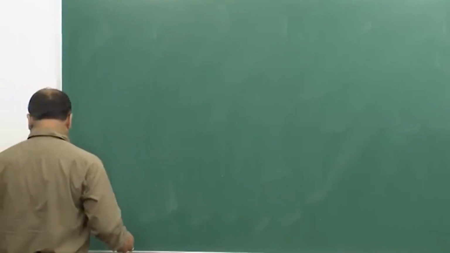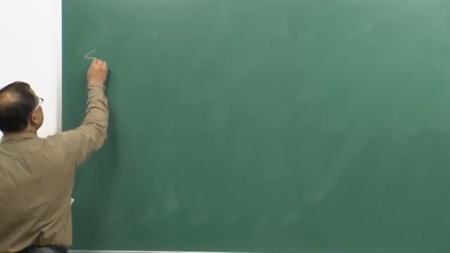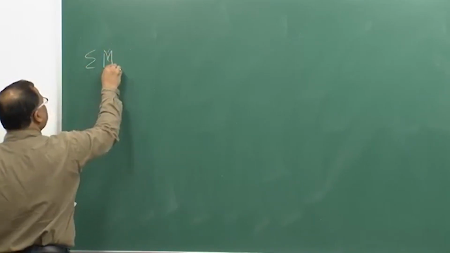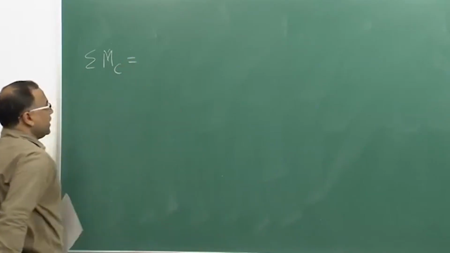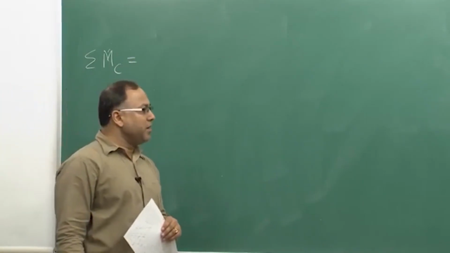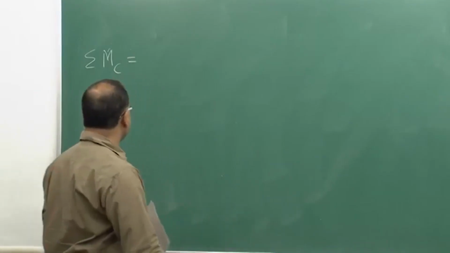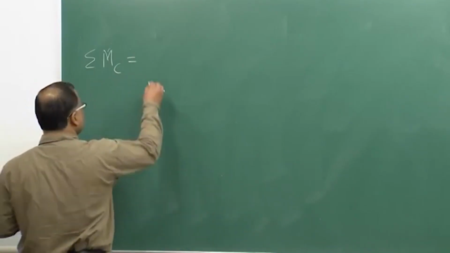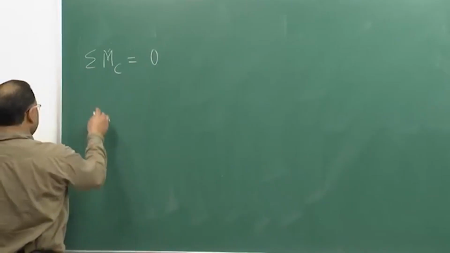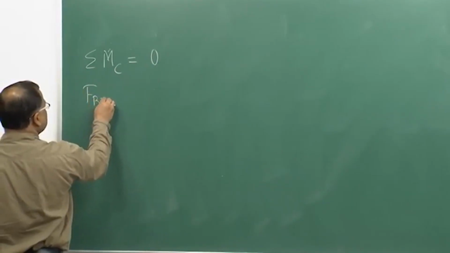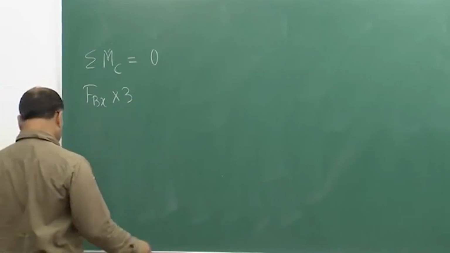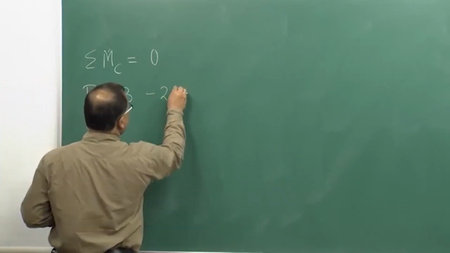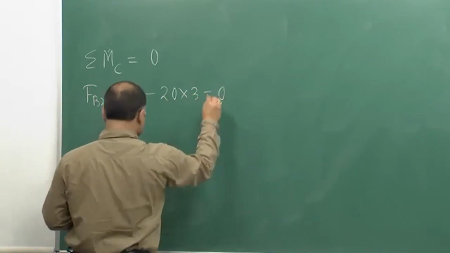Okay. So, now considering the equilibrium, that is moment equilibrium, summation of moment with respect to point C is 0. So, what we can write, Fbx into 3, minus 20 into 3 is 0.